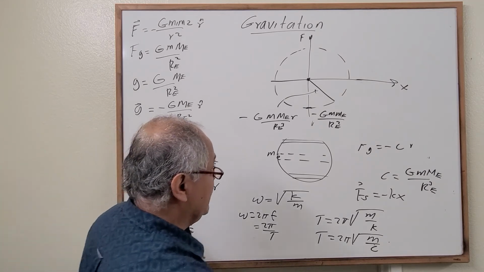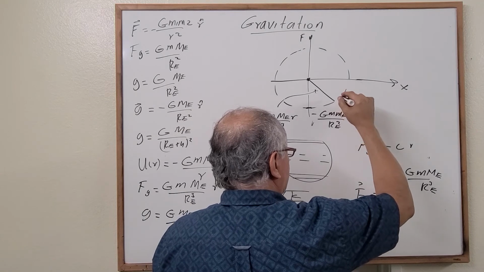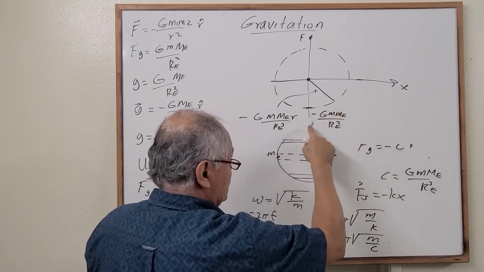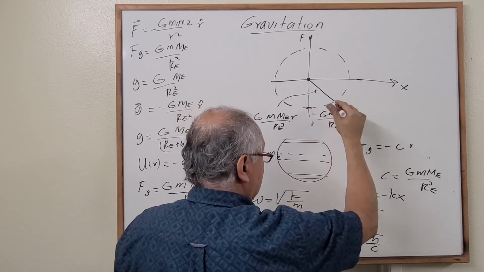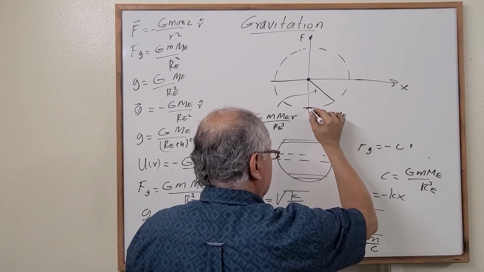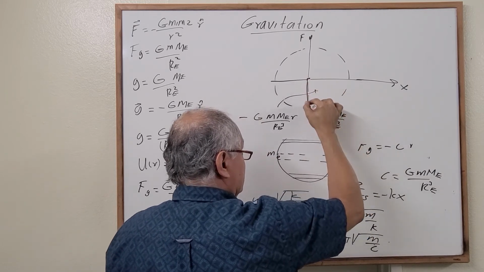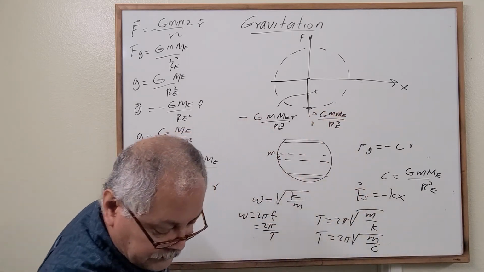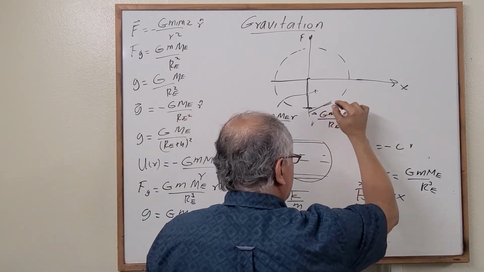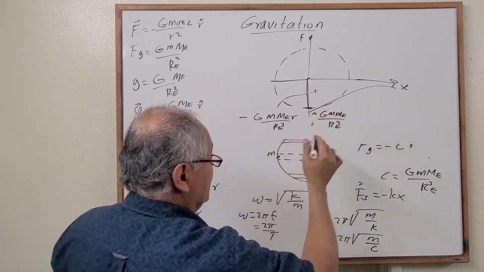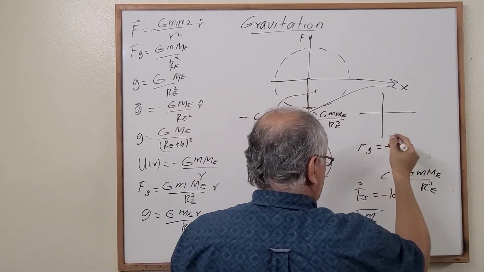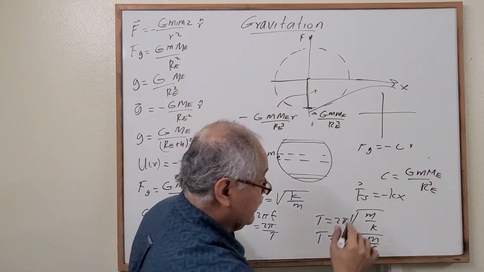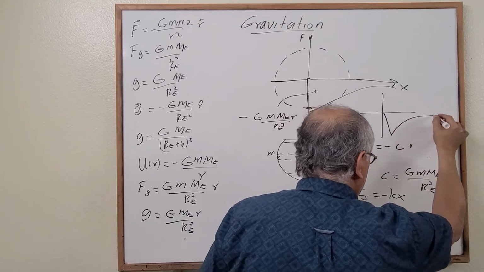Perfect. What about outside? Well, outside we can use this, starting from here. The force is going to be decreasing with distance in this way, and then it's going to be again in this direction, like this.